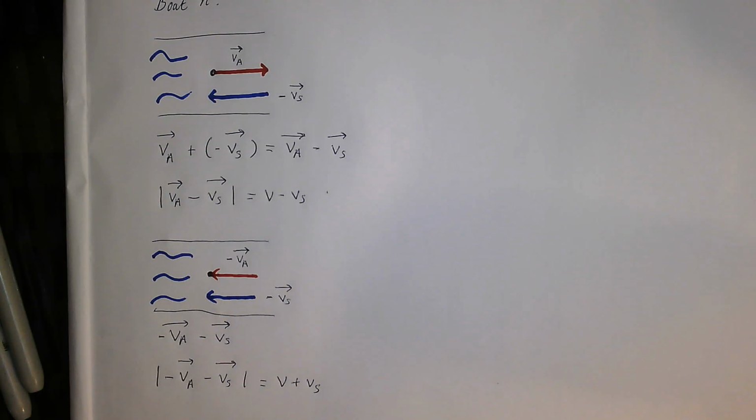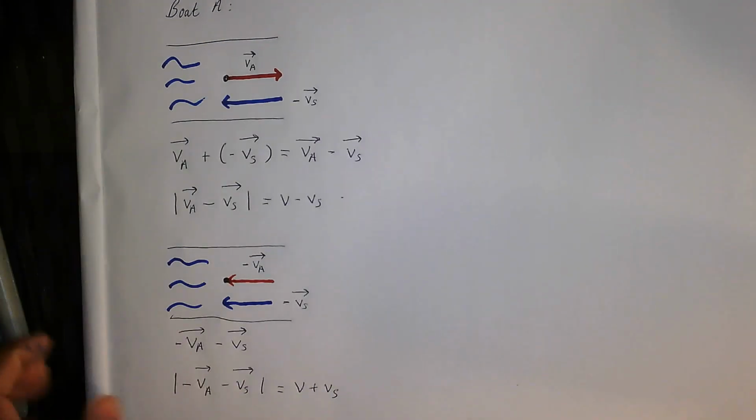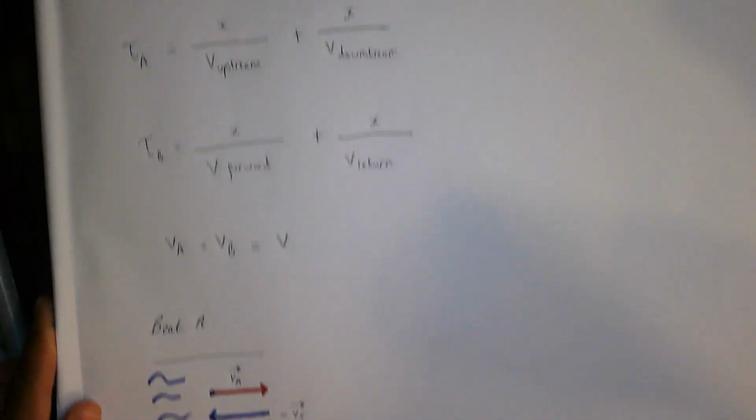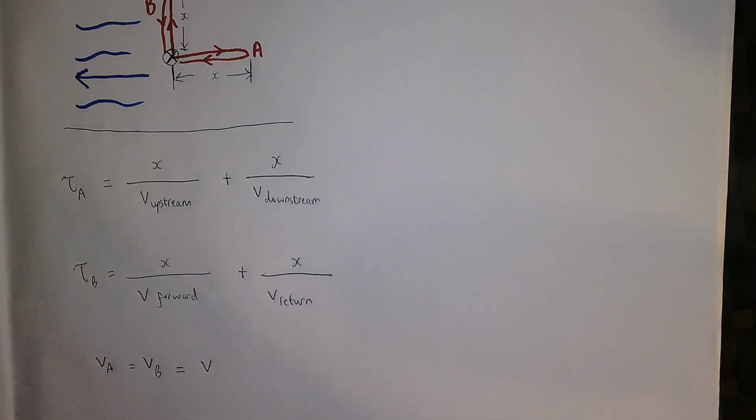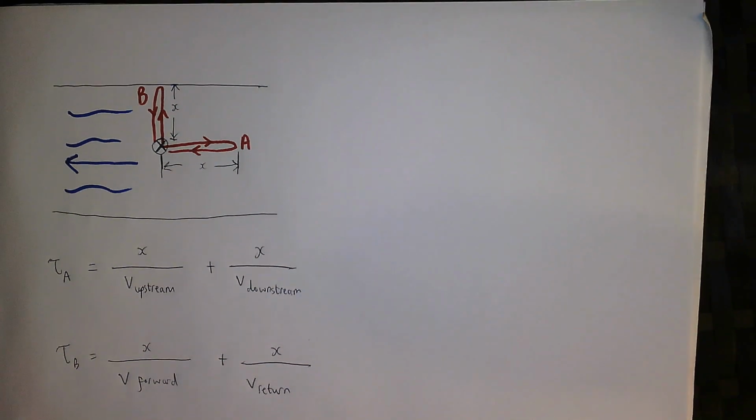So now I have the magnitudes of the two resultant velocities. I can work out what tau A is, the time taken by boat A to complete this whole journey.